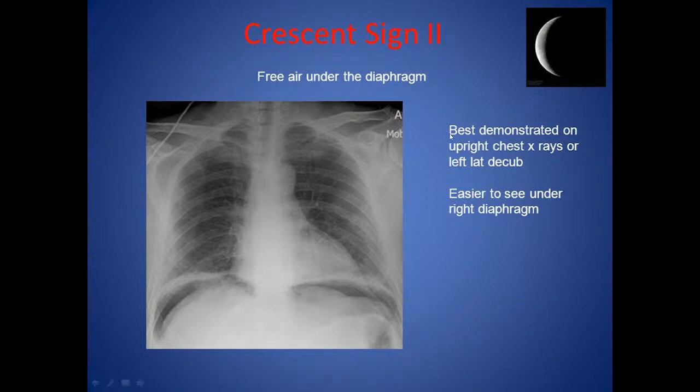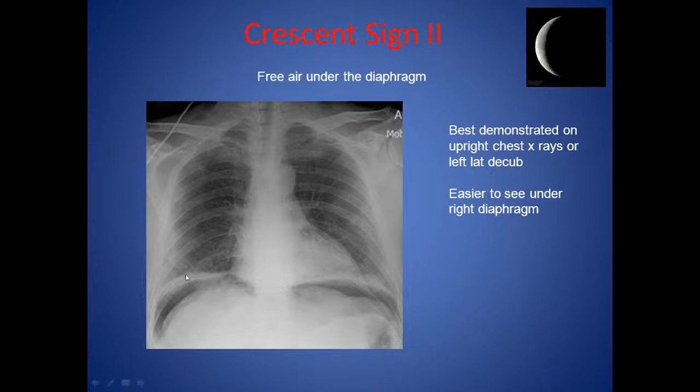It is best demonstrated on the upright chest X-ray or left lateral decubitus. More commonly we use the upright chest, and when the patient has a heart condition and cannot stand in front of the X-ray machine, we can use the raised left lateral decubitus X-ray.